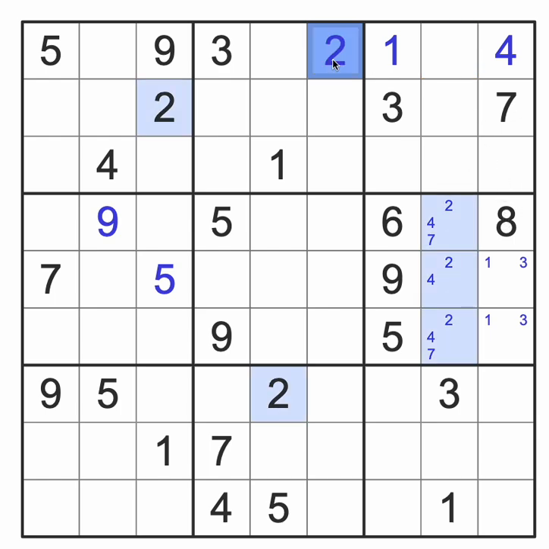So 2 comes in here. And that 2 blocks these cells of box 5. This 2 blocks these, gives me 2 here. That gives me 4 here, and 2, 7 double.